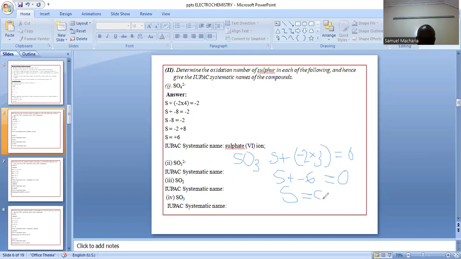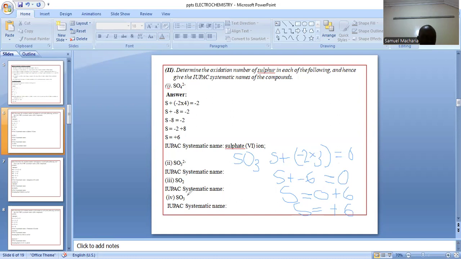Equals 0 plus 6, meaning S equals positive 6. So the oxidation number of sulfur in this compound is +6. And that is why, when it comes to the IUPAC systematic name for this compound, we call it sulfur 6 oxide.